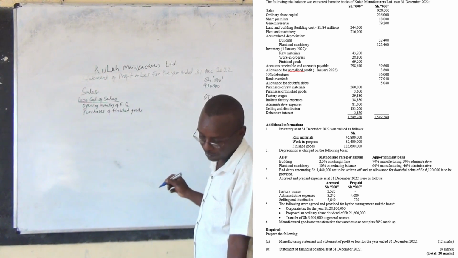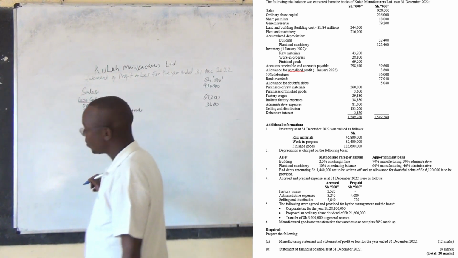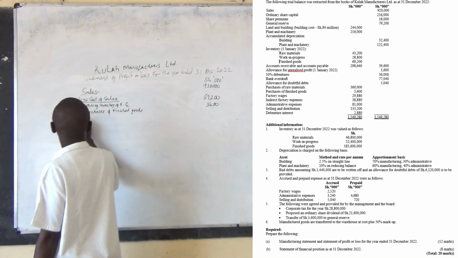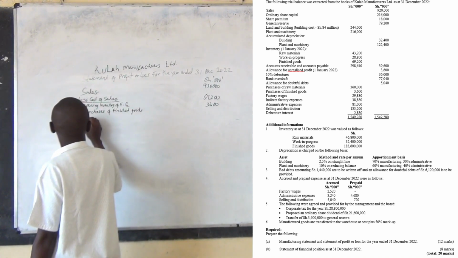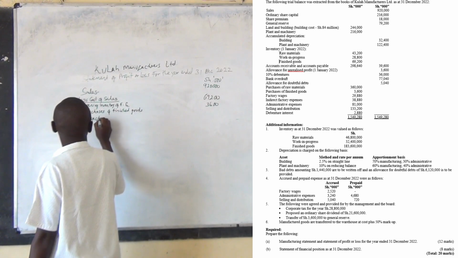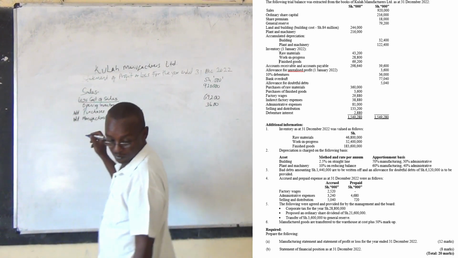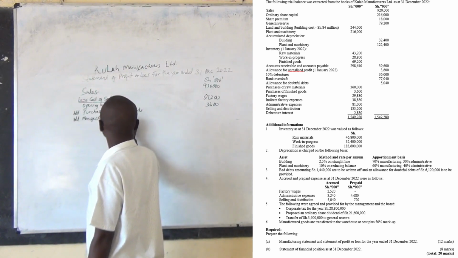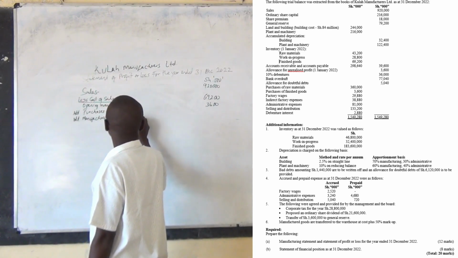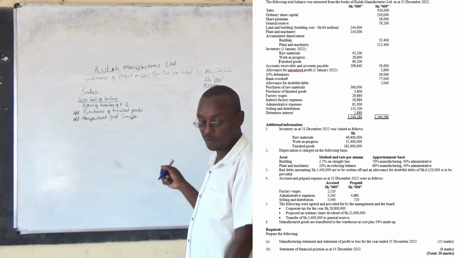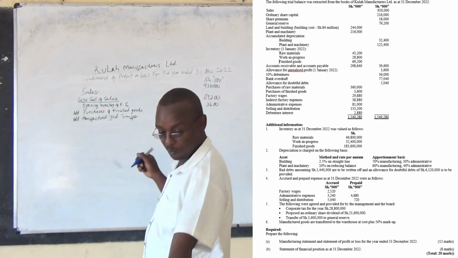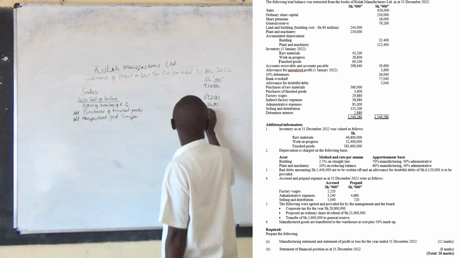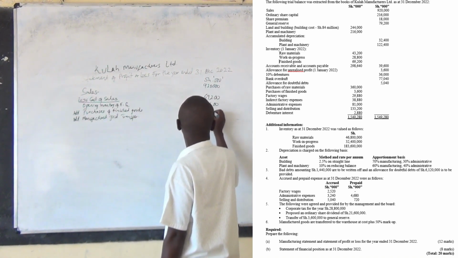Then you got what? Manufactured goods transfer. The goods that you manufactured, your transfer price, this one: 646,749.